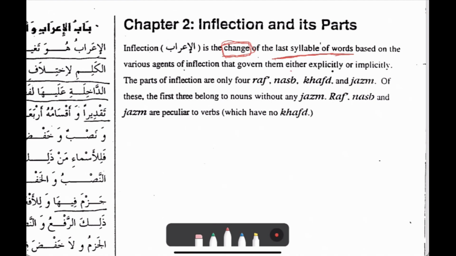That's a pretty good translation, I think, actually. It's not bad. Inflection is the altering, the change, he says, of the last syllable of words. Subhanallah. Based on the various agents of inflection. That means the governing words, the awamil.